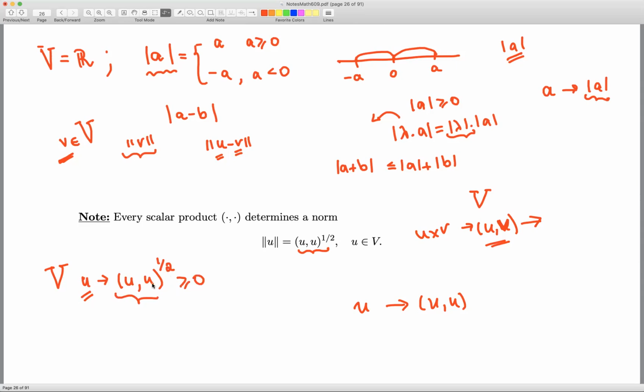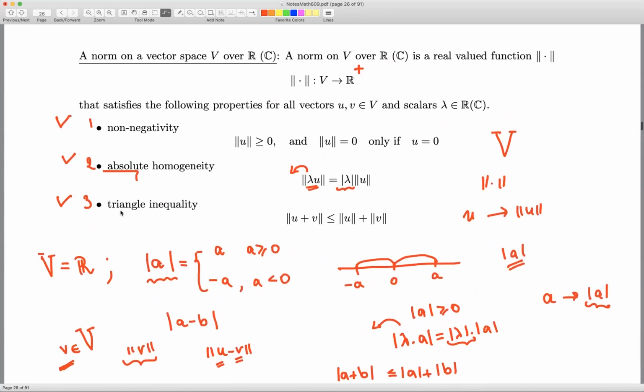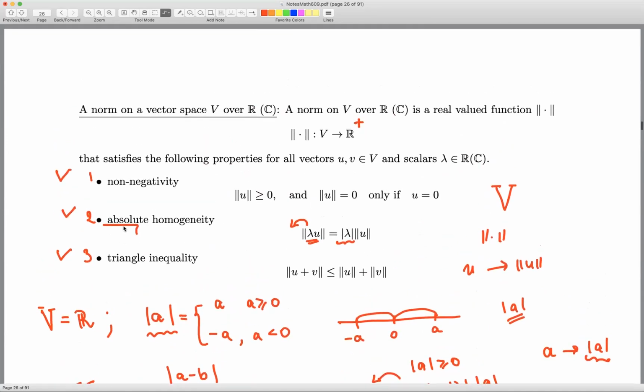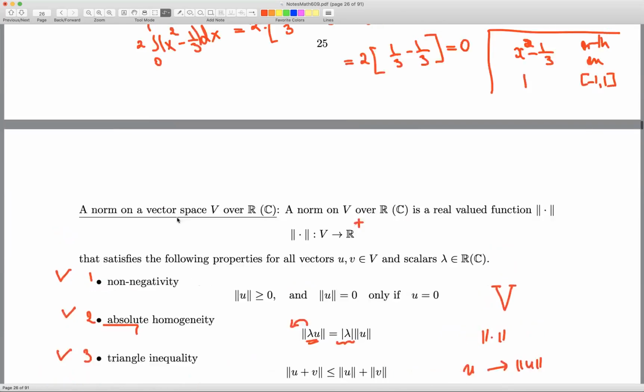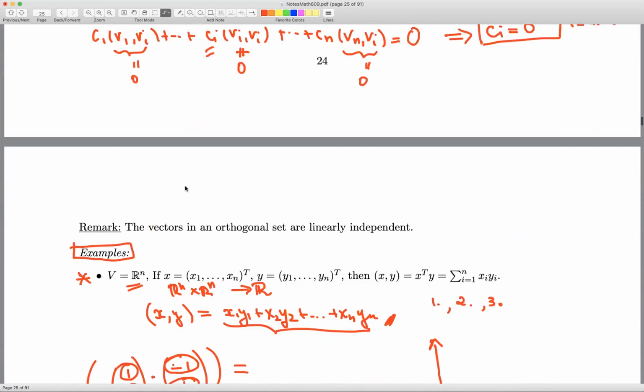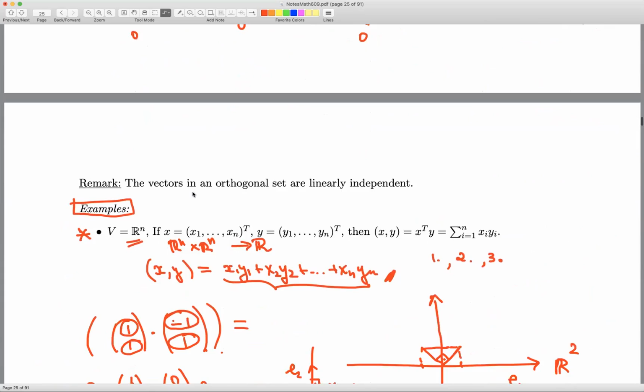One can show that this mapping satisfies conditions 1, 2, and 3 of a norm. Basically, this follows from the conditions for an inner product.